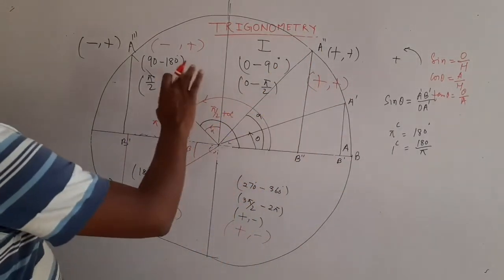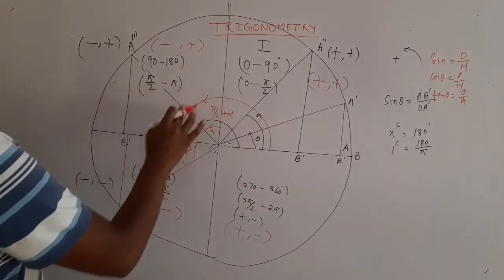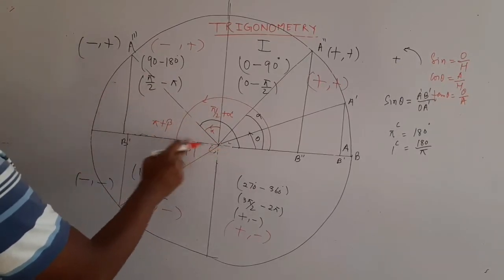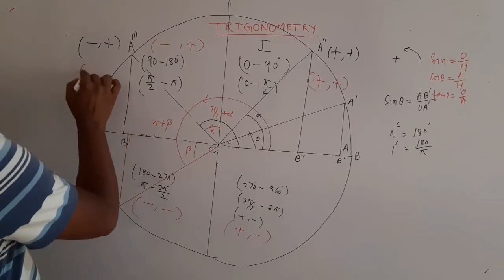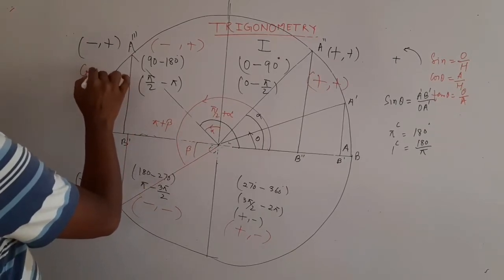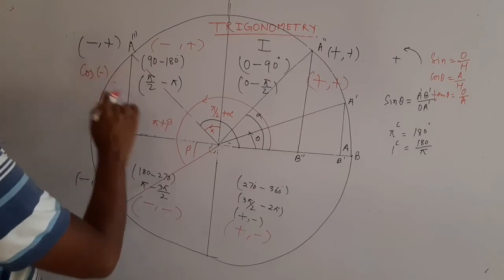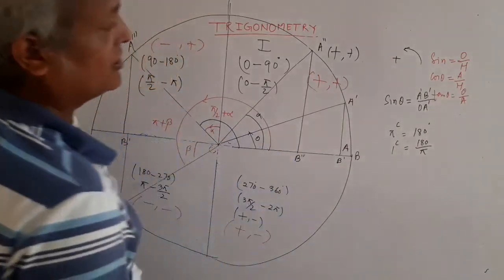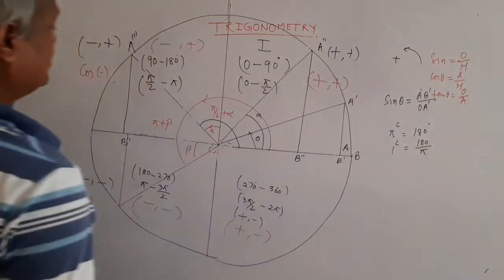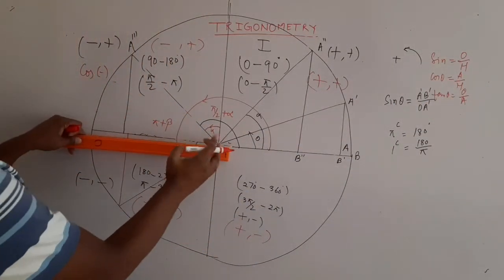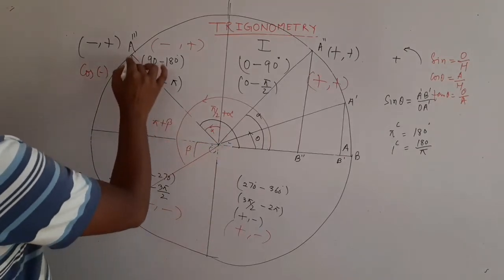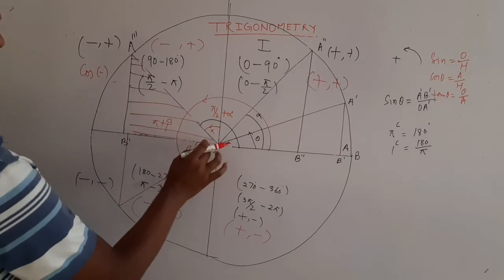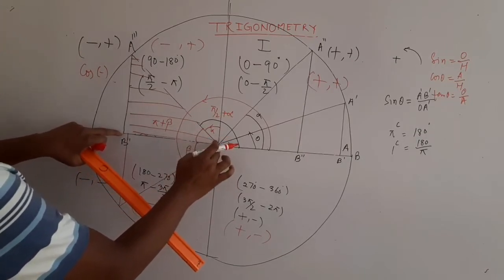So now when the angle comes into this quadrant, then for sine theta, the opposite becomes positive but the adjacent becomes negative. So cos will be negative here in the second quadrant, because cos is adjacent upon hypotenuse, and in this triangle under consideration, the adjacent for this particular angle is this, that is negative.